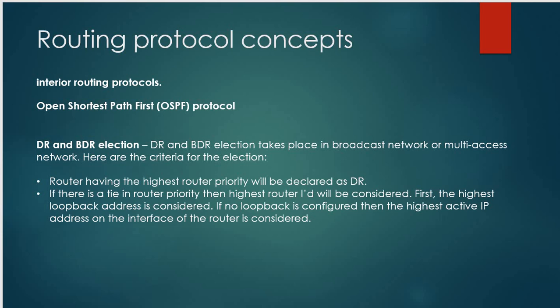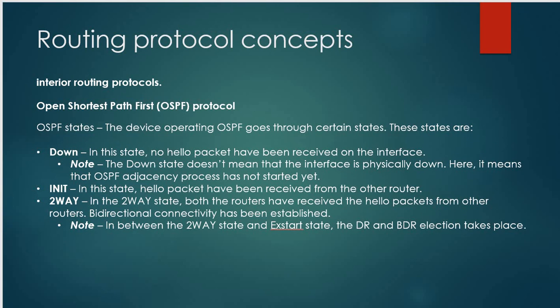First, the router's loopback address is considered. If no loopback is configured, then the highest active IP address on an interface of the router is considered. So these are the designated router and backup designated router elections, and how we select them.